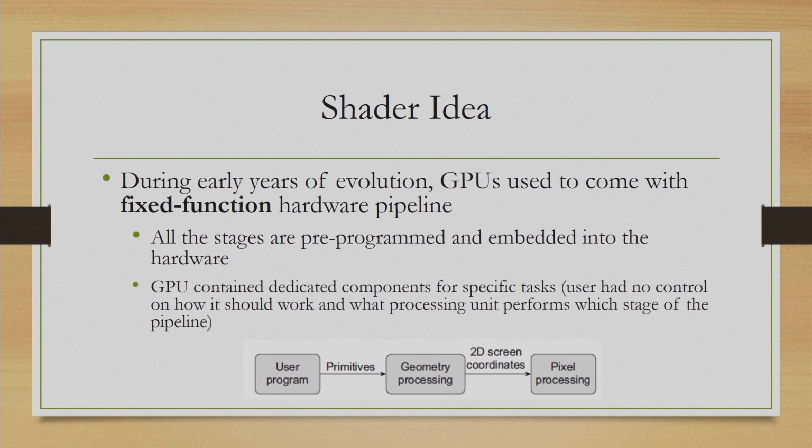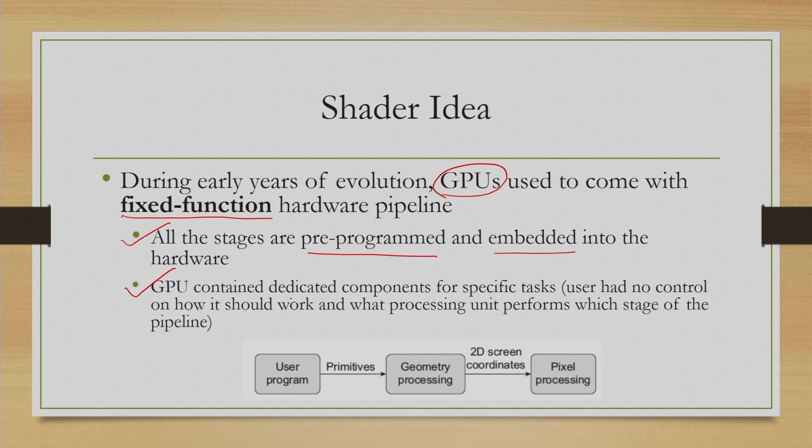Now, during the early years of GPUs, they used to come with a fixed function hardware pipeline. That means, all the stages that implement the pipeline are pre-programmed and embedded into the hardware.